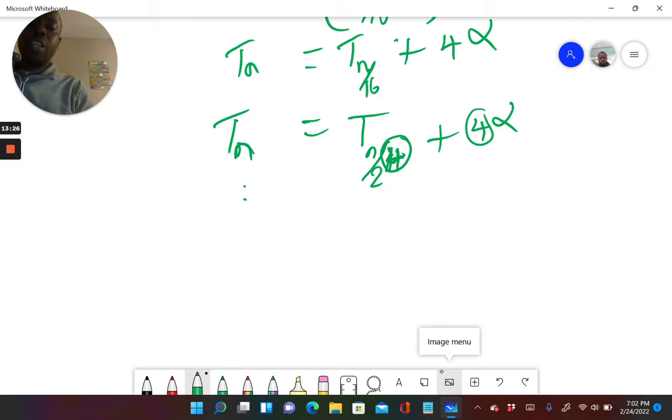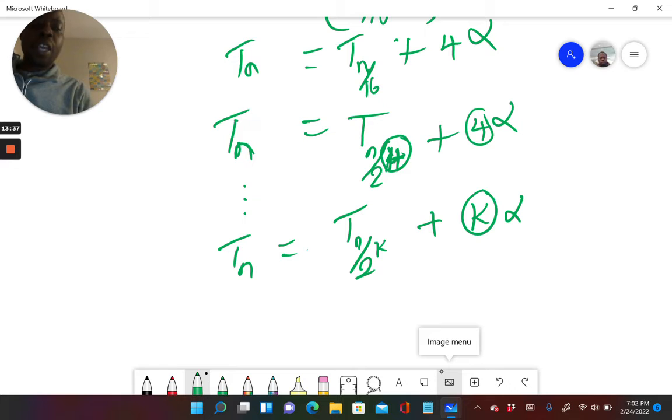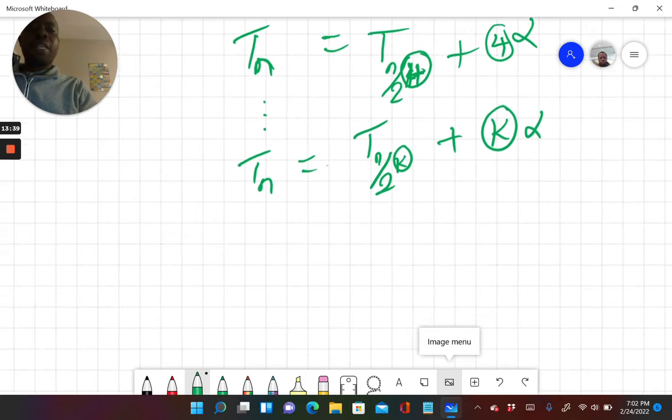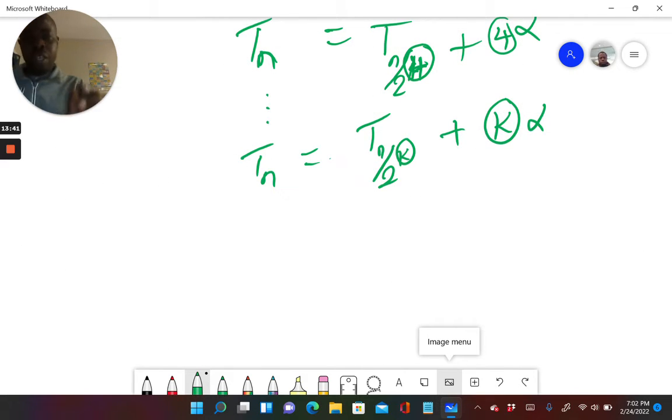So generally speaking, if you have k here, then you must have k here. See that? And the objective is that we will move from T(n) down to T(1) until you find your items.